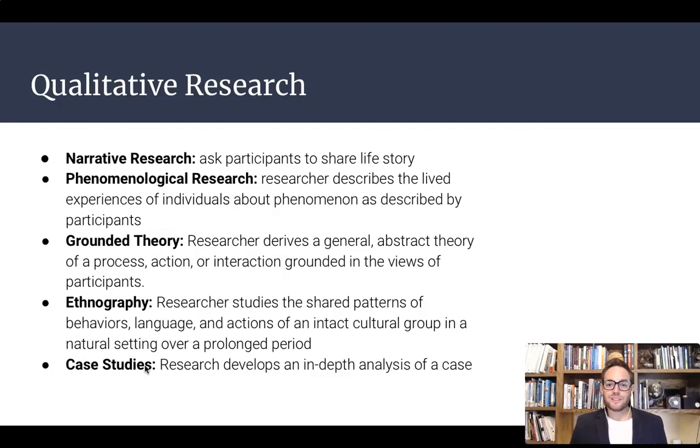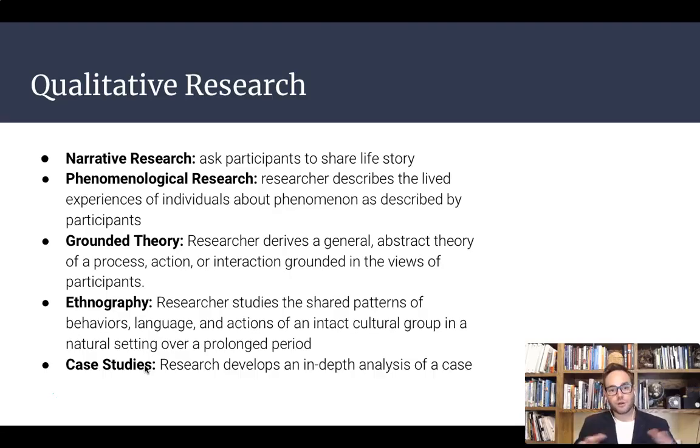Okay, so qualitative research is really fascinating because it explores the human side of research, whereas quantitative is like data. Instead of counting a bunch of people and making predictions based on that, the qualitative approach is really looking at each individual and trying to get their shared experience of a particular phenomenon.